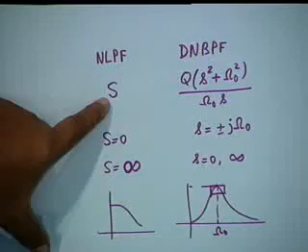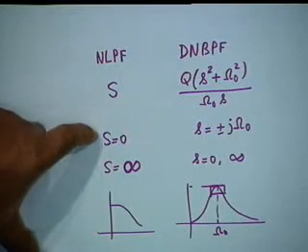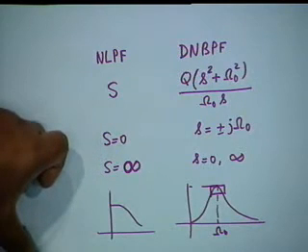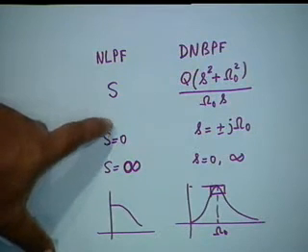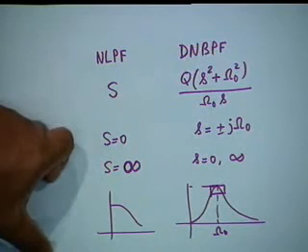It is not a linear transformation, it is a quadratic transformation. So, every s value here shall have 2 corresponding values. It is not a 1 to 1, but as far as the magnitude characteristic is concerned, 1 radian per second will correspond to 2 frequencies, capital omega 1 and capital omega 2.